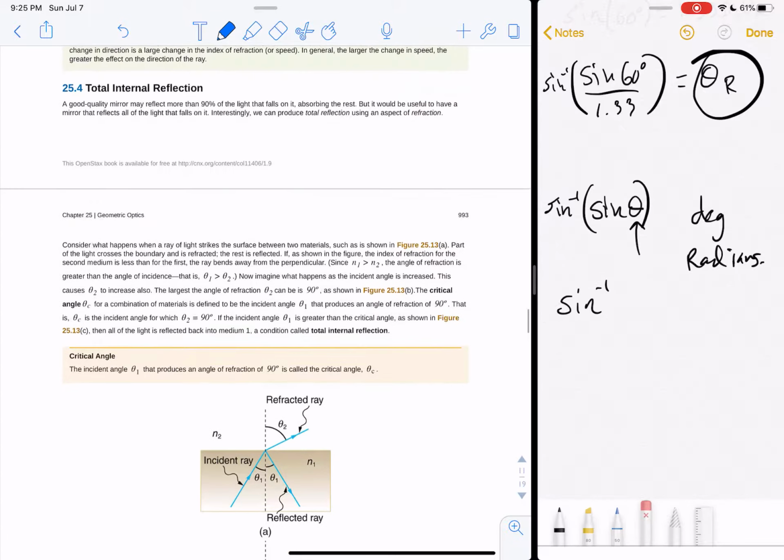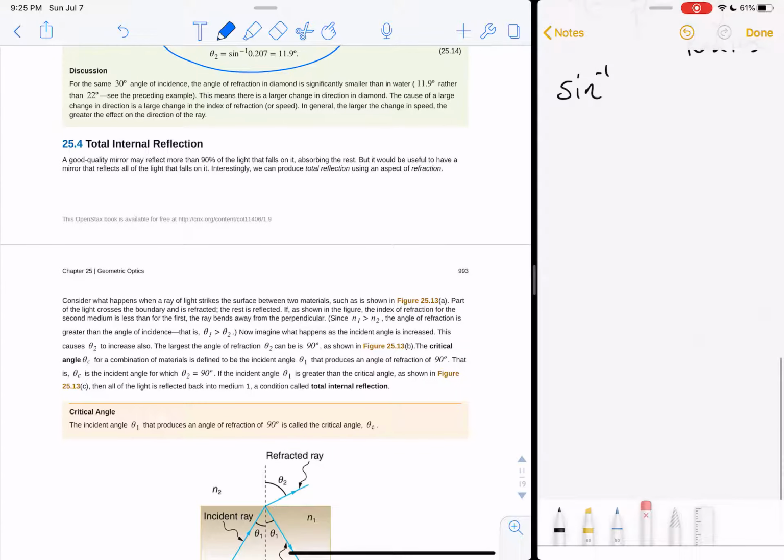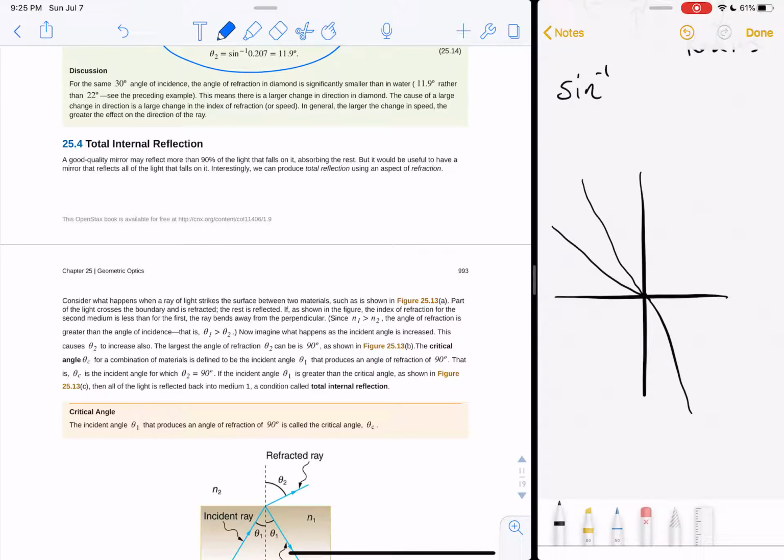Okay, so let's think about this then. You've got your surface and an angle, and, okay, let me draw it the other way. So now let's say we're going from 1.33 to 1, so we're going from water to air, and we bring our ray in.